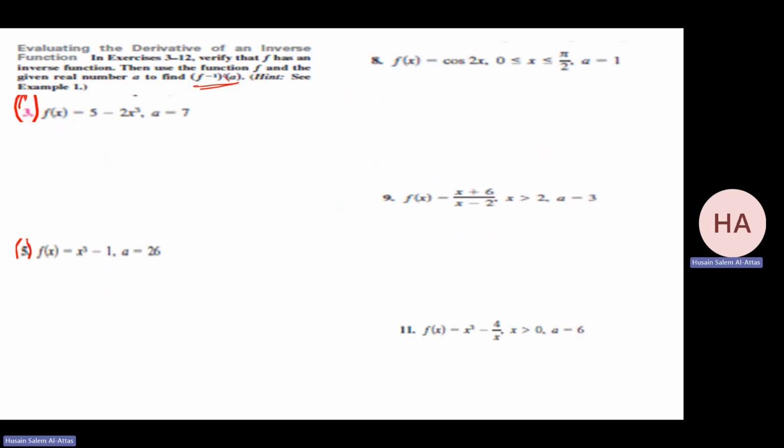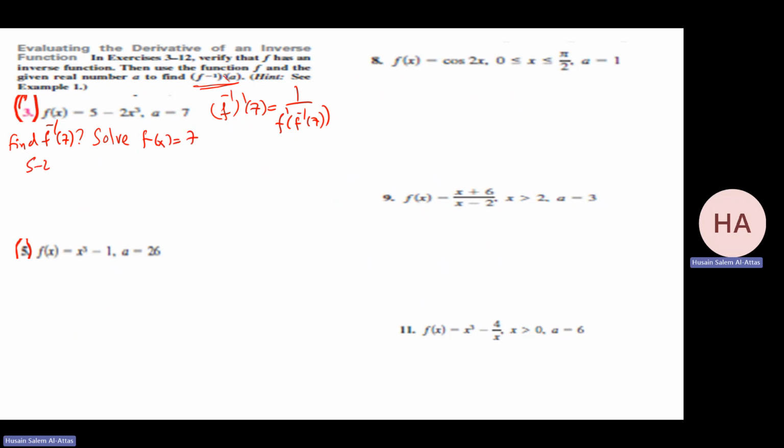Actually, it's the same question. So I need to find f inverse prime at 7, which is 1 over f prime at f inverse at 7. So find f inverse at 7. How? Solve f of x equals 7.